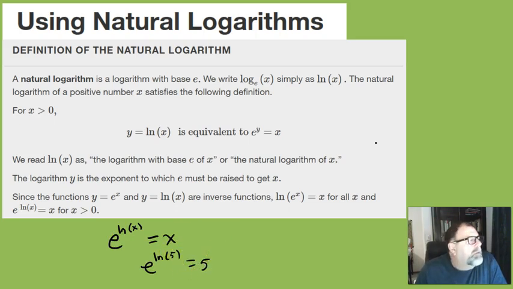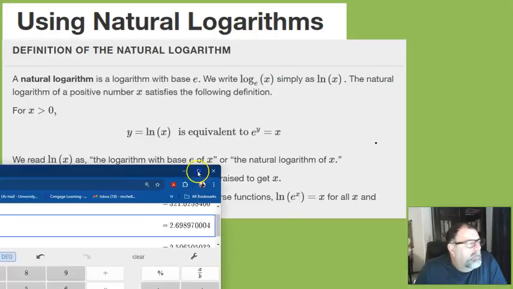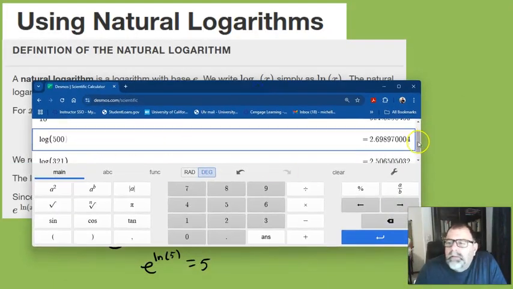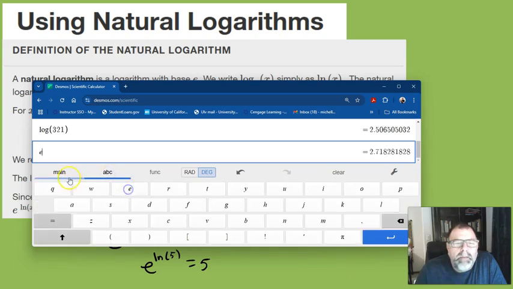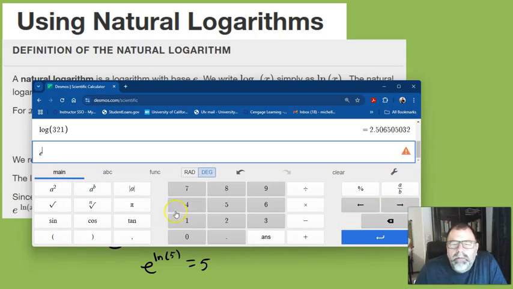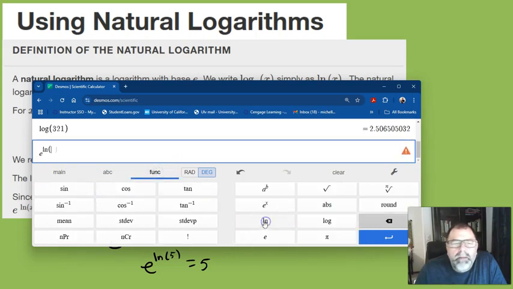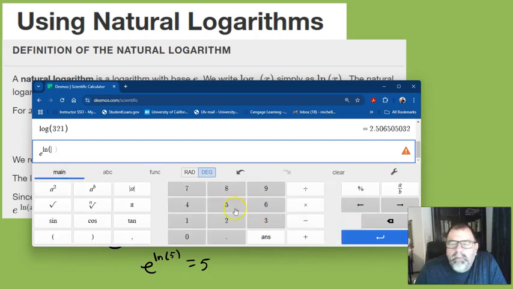Okay? So you can see if I did on Desmos, you can just type in e for the natural log, e, and then power, and then ln of, say, 5, you see you get 5.